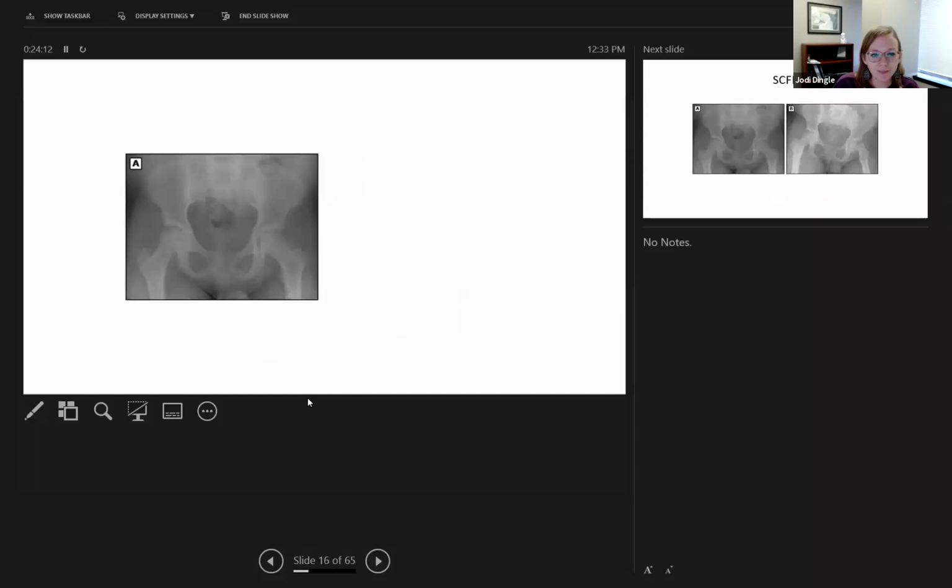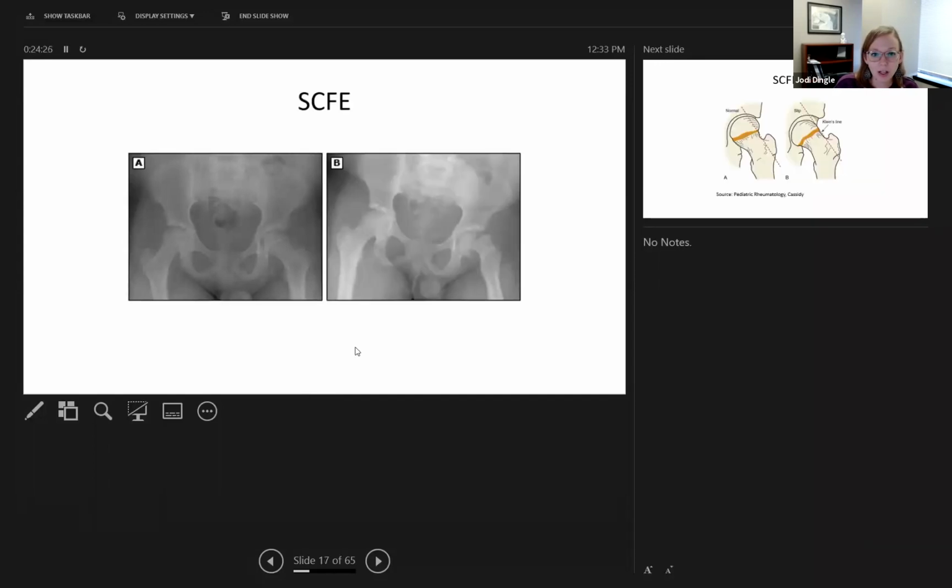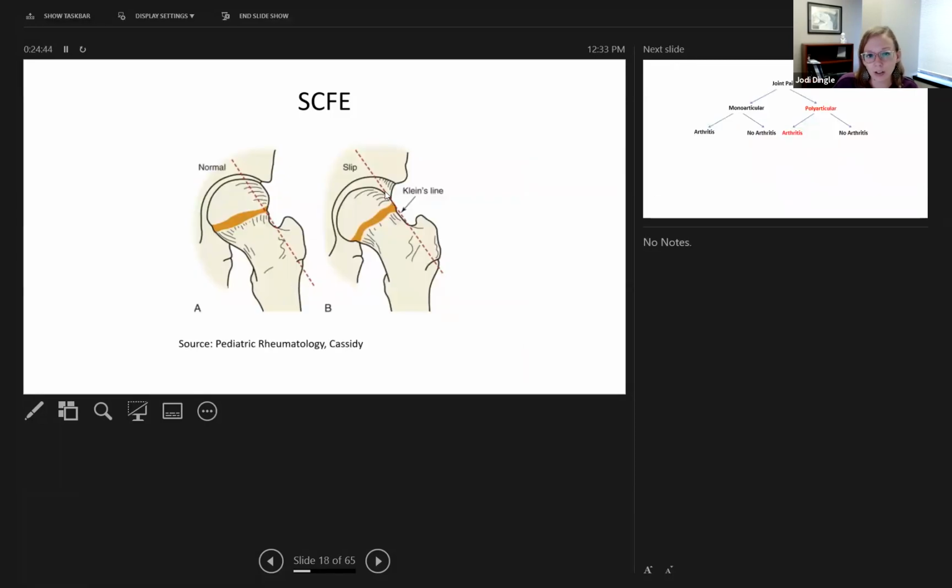All right. Any ideas about what's going on with one of these hips? So this is an SCFE, and it's important to catch it here before it goes to here. If you'll remember the radiographic finding that you're looking for when you're worried about SCFE, it's Klein's line.